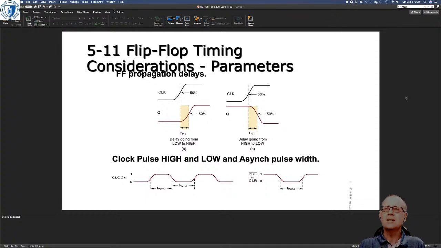Right, and this is just some of the timing considerations. When you've got a clock, just because I draw clocks and all the other logic numbers with abrupt transitions doesn't mean that that's the way they actually happen. These signals are running in the real world, so they can't change abruptly.